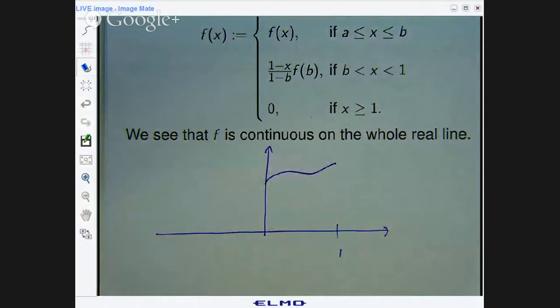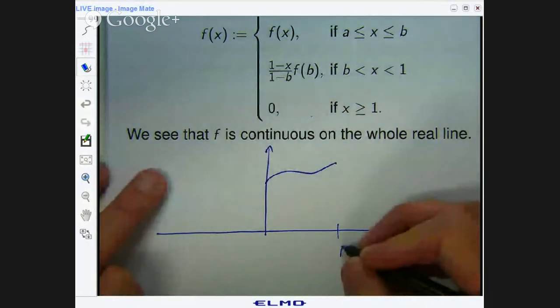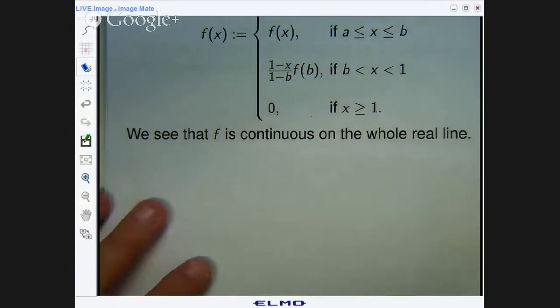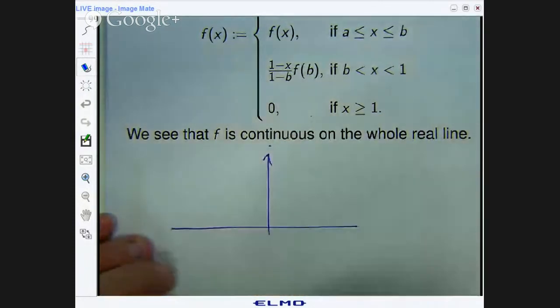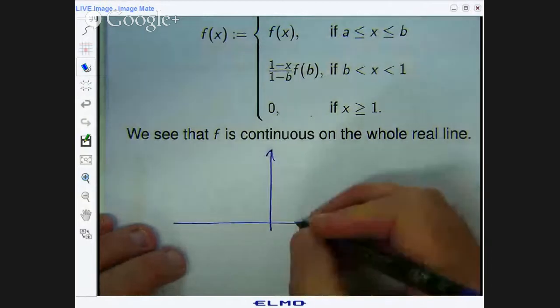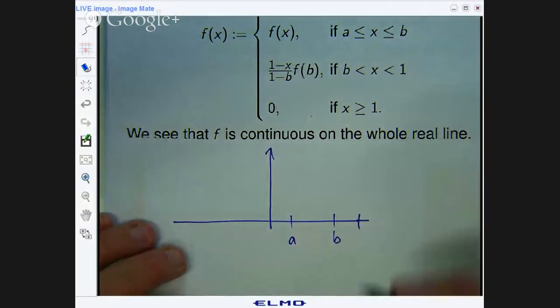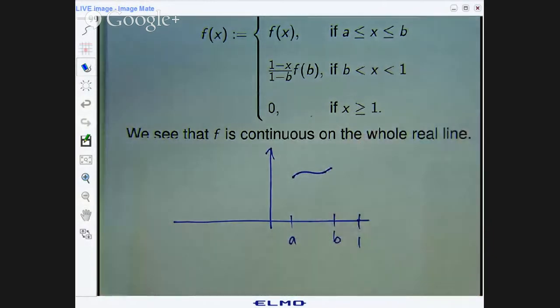Okay, let's say A is here, B is here, and 1's here. And here you've got your function, your continuous function.